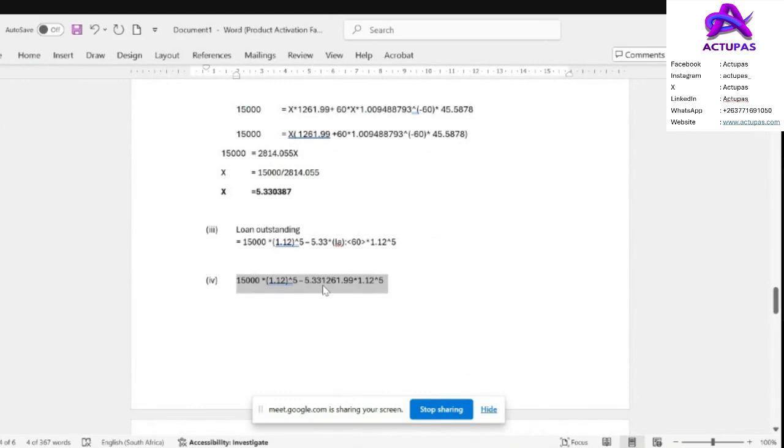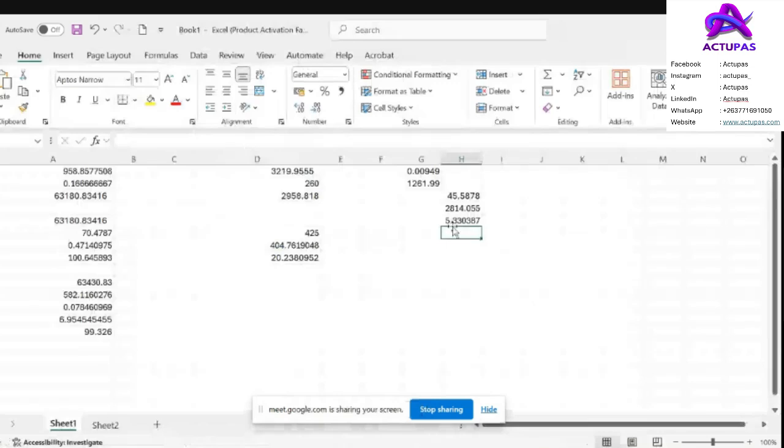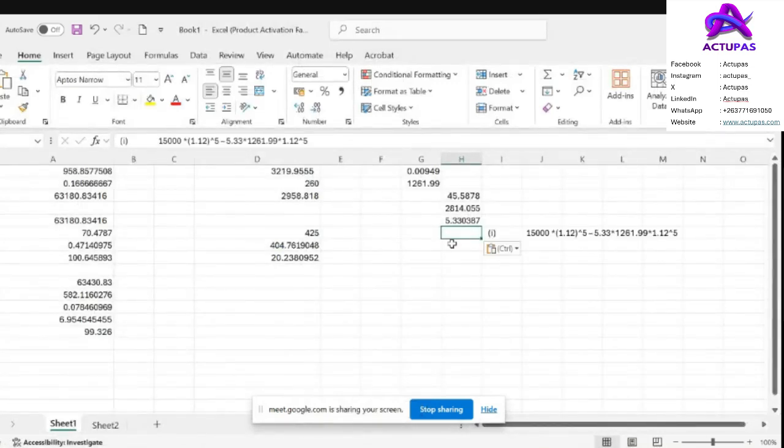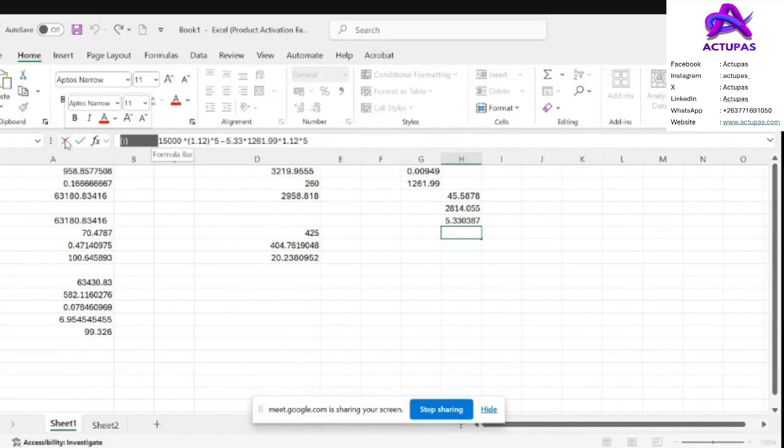There's something wrong with the formula here. 15,000 by 1.12 to the power 5, right? Minus 5.33 times 126,199 times 1.12 to the power 5. Let me copy this and paste it here. This is equal to that. Okay, this is minus. What's wrong with this formula?